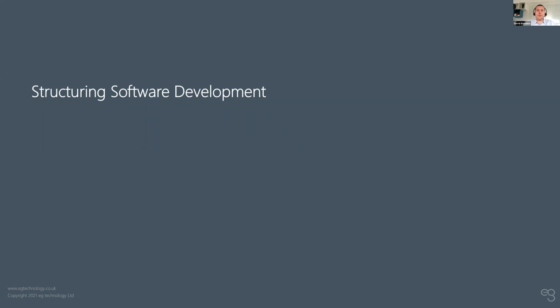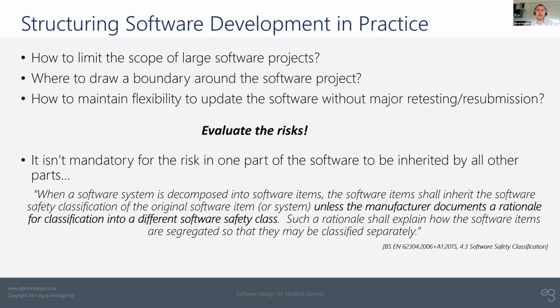So having thought a little bit about the standards overall, how do we then go about putting the software together? In the second part of this talk, I want to talk a little bit more about how you scope out large software projects.